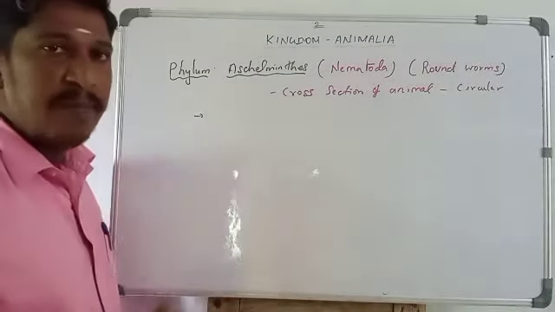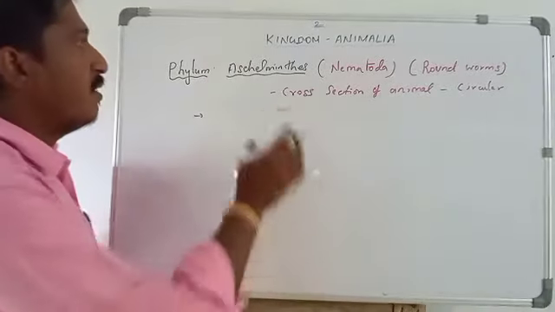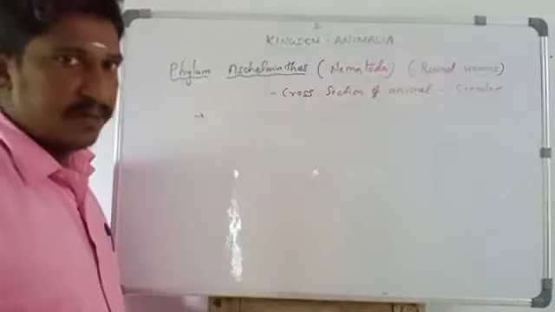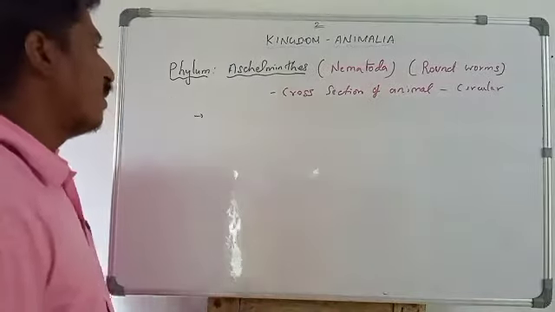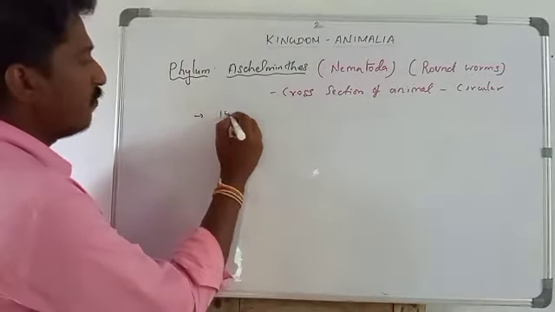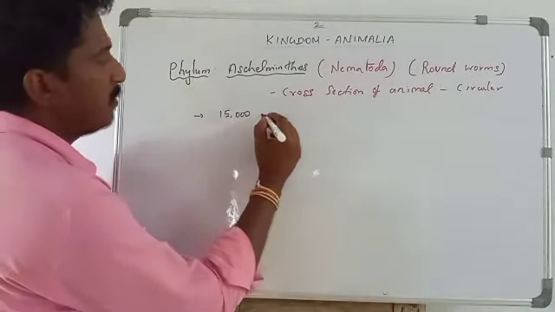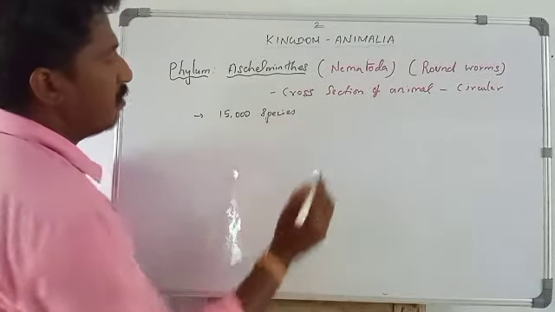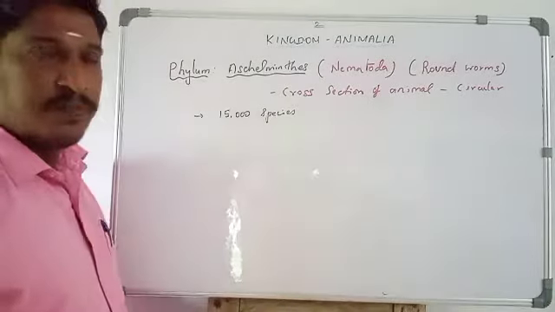First, the habit and habitat. The nematodes or Ascomynthus live everywhere. The phylum consists of around 15,000 species.